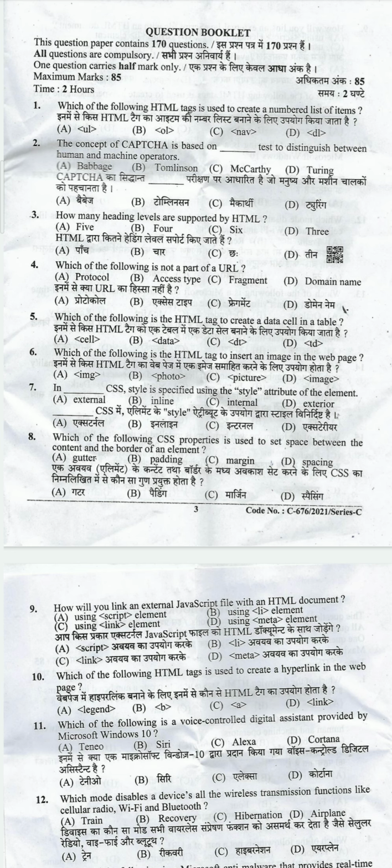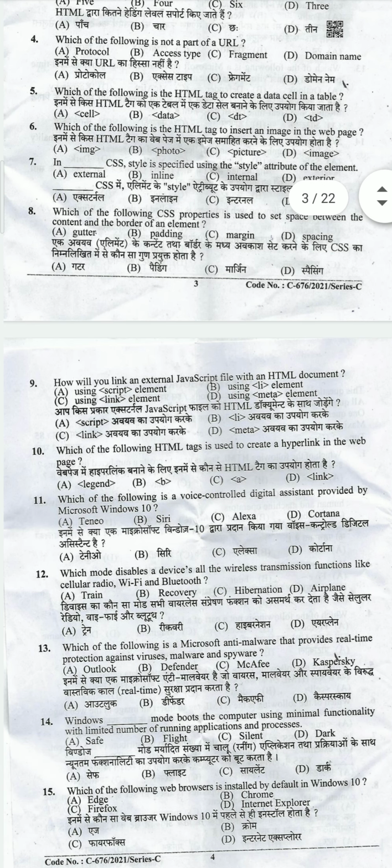The answer to this question is B, padding. Question 9 asks, how will you link an external JavaScript file with an HTML document? The answer to this question is A, using script element.